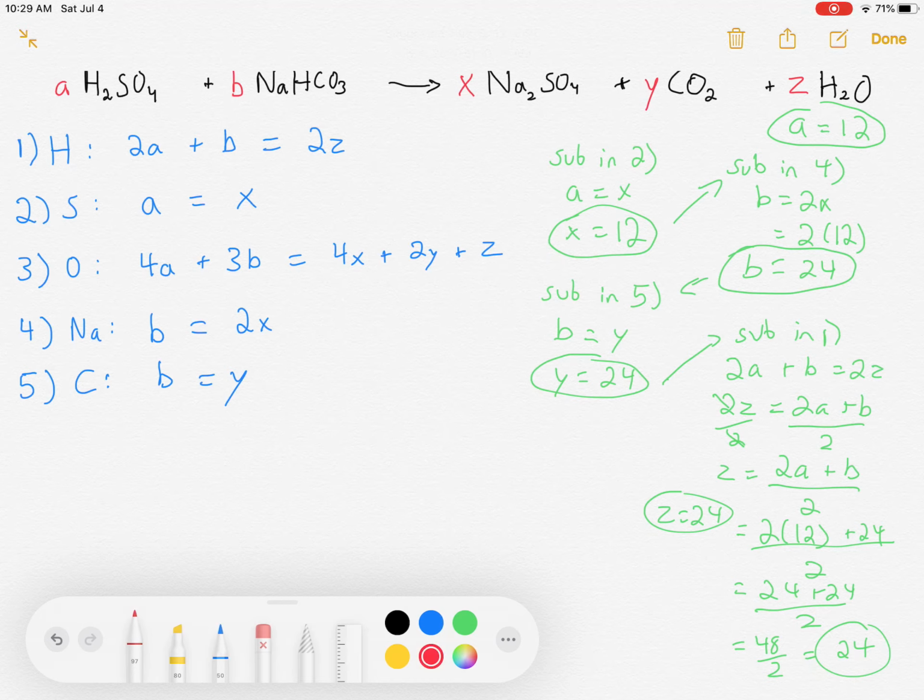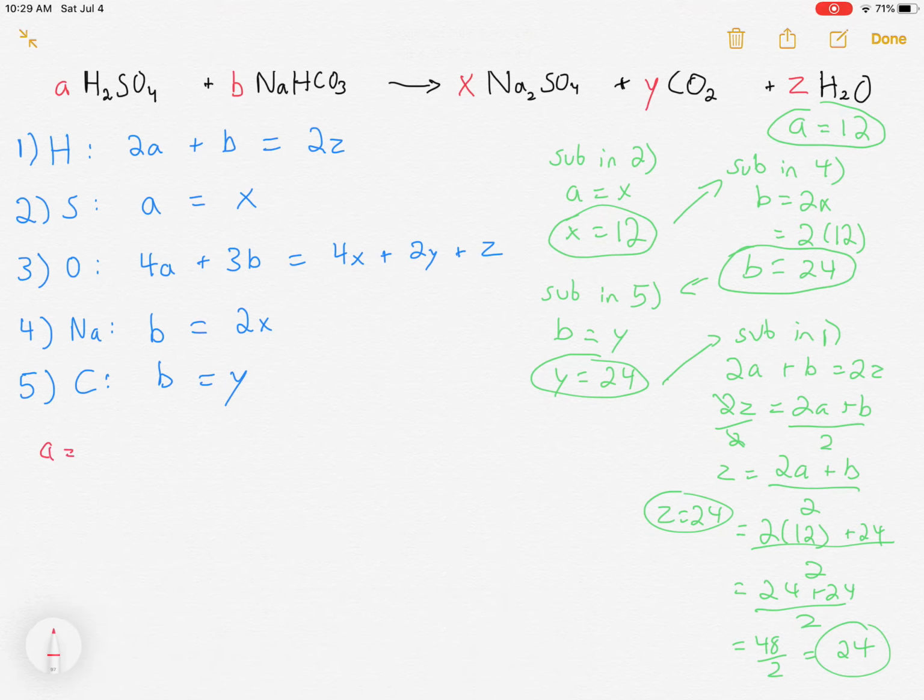And then what I like to do last is I set up all the equation coefficients in a separate part of my solution because we need to reduce everything down to lowest terms. And that'll make it really easy to do that. So if I know that a is 12, b is 24, x is 12, y is 24, and z is also 24, I'm looking for a number that all of these coefficients are divisible by and will help bring us to lowest terms.